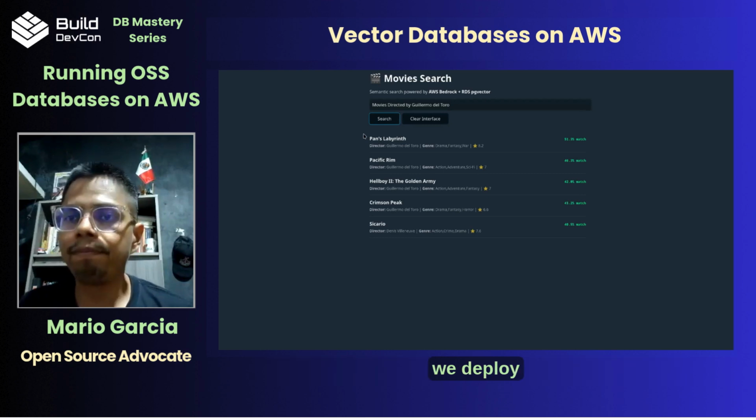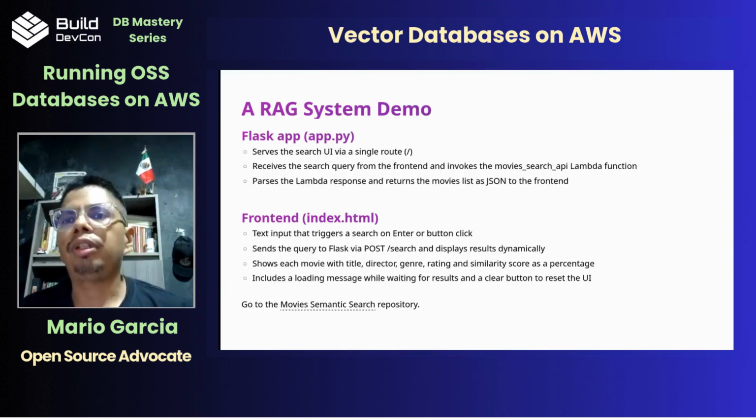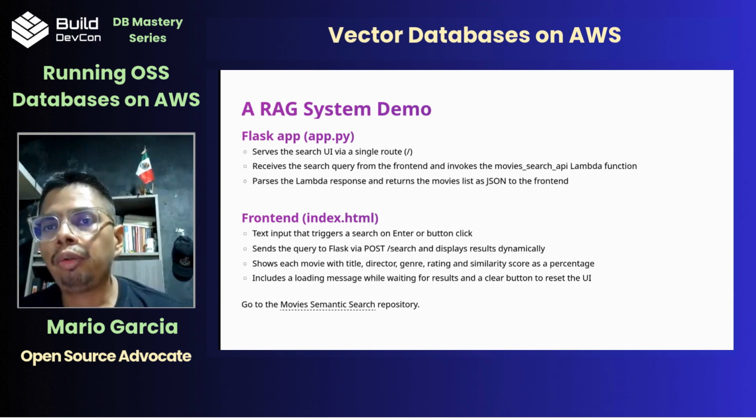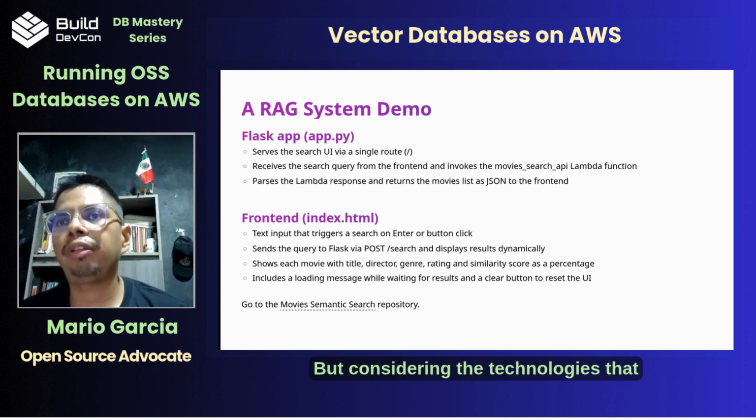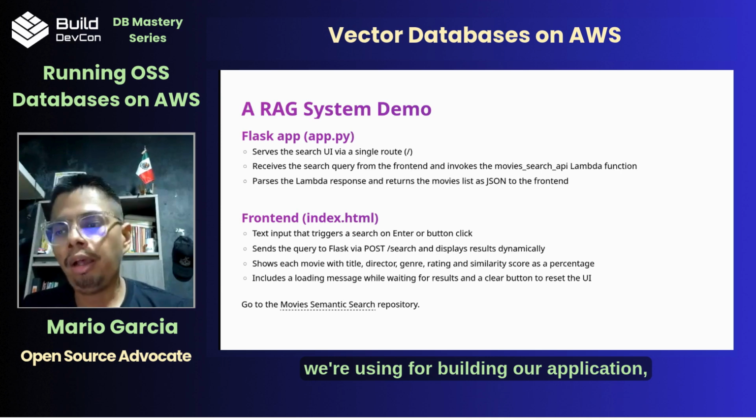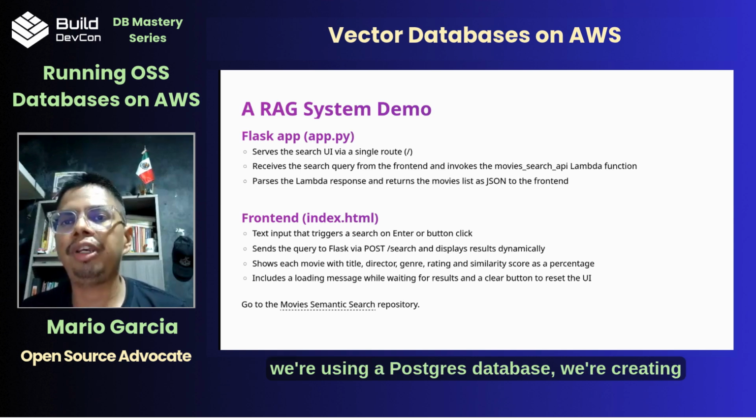And we deploy the whole infrastructure to AWS using Terraform, but we can also deploy to other platforms. But considering the technologies that we're using for building our application, we're using a Postgres database.